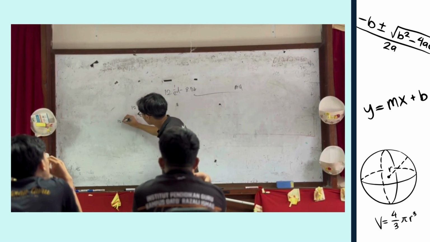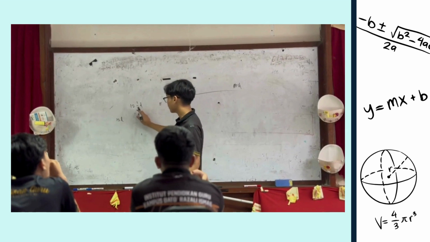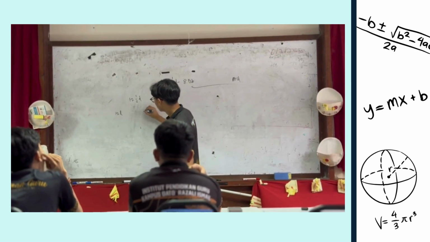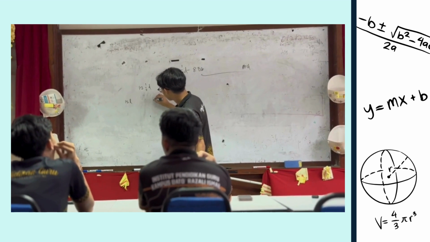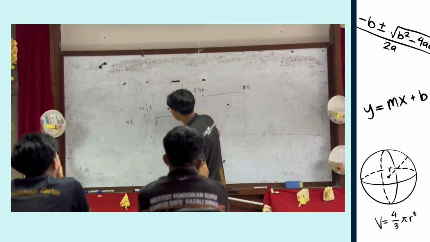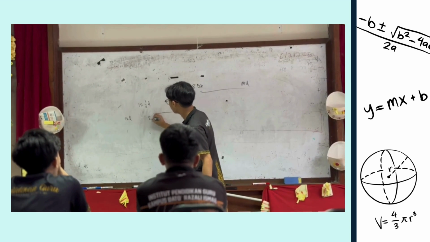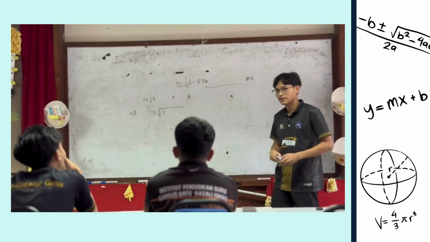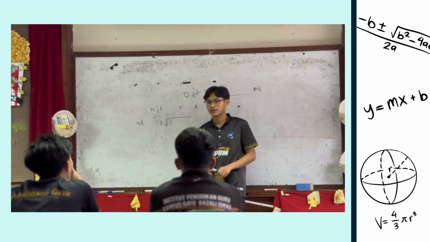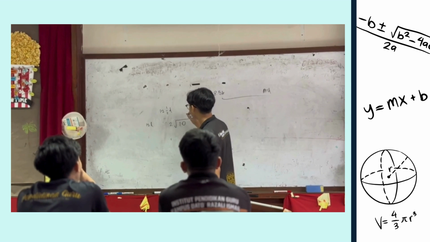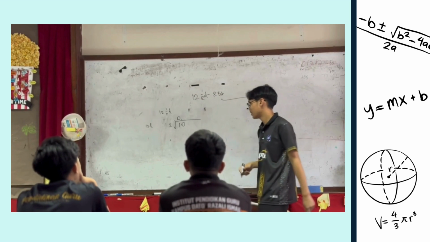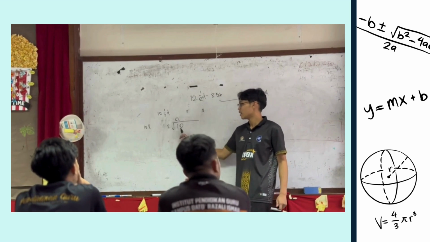We have 12 liter and 1 over 2. We need to make the division. Can 1 be divided by 2? No, so we put 0 and don't forget the point. Can 10 be divided by 2?